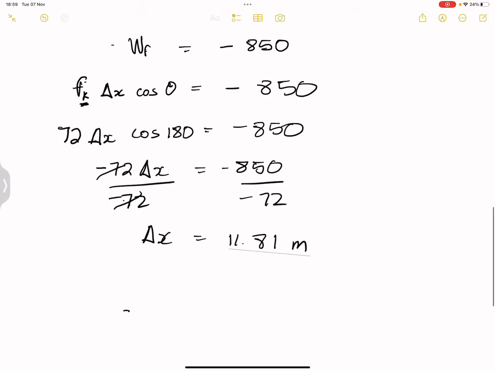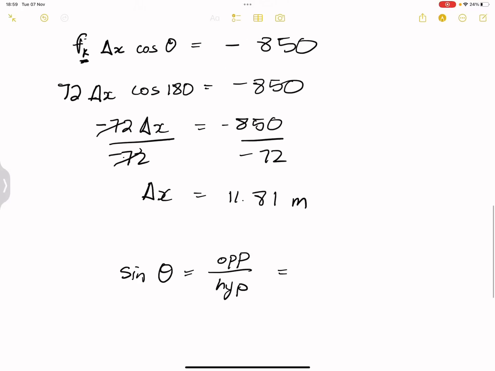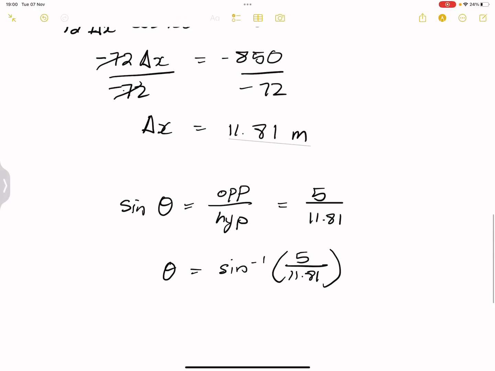So I can say the sine of angle theta will be equal to opposite over hypotenuse, right? But what is my opposite side? That is 5 meters divided by 11.81. So remember, if I'm looking for the angle, it's the arcsine of 5 over 11.81, right? Quite an interesting question, this.